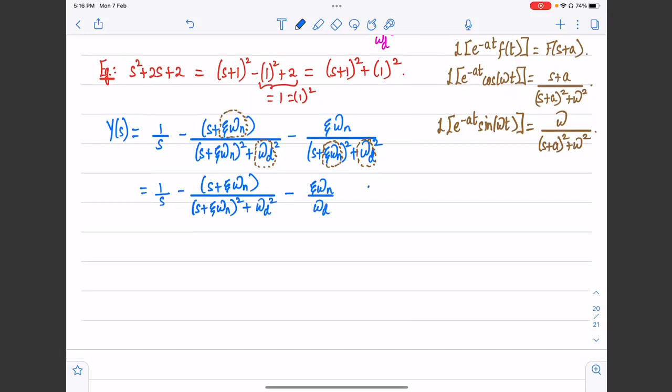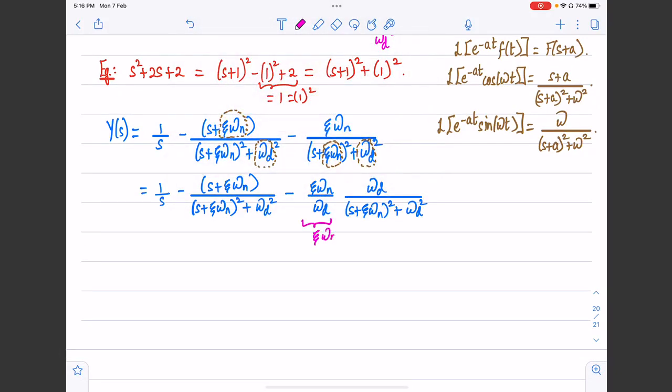I multiply and divide by omega d so that the expression is consistent with the formula we just wrote down. So we get omega d divided by (s plus zeta omega n) whole square plus omega d square. Now we are almost there.